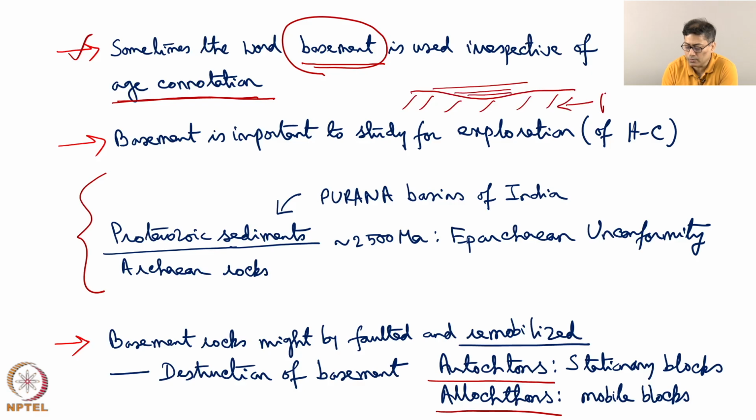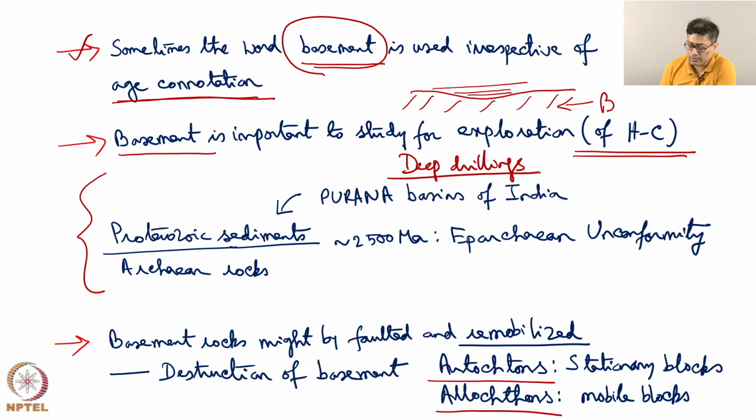This bottom rock is called the basement, whatever be the age. Why are we interested in the basement and cover relationship? Because the basement is important to study for exploration such as hydrocarbon. So, deep exploration and deep drilling are targeting the basement rocks in many cases.